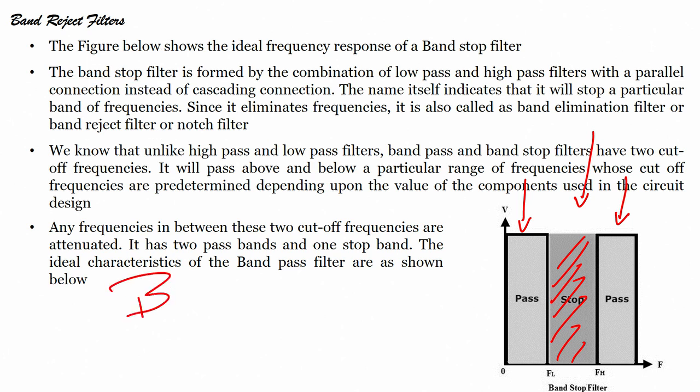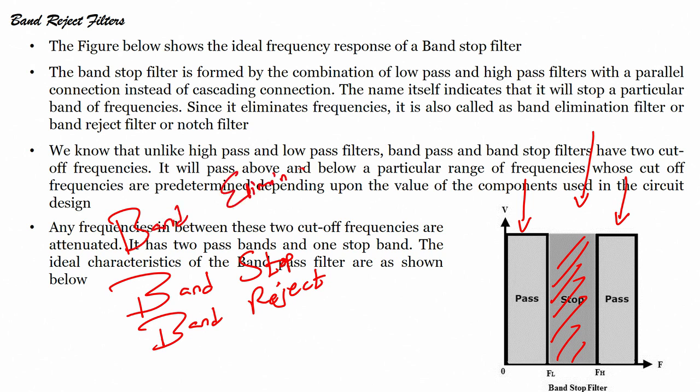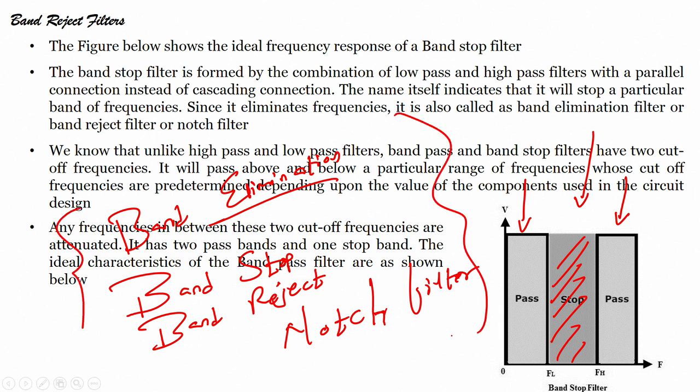Let us write down: band stop filter, band reject filter, band elimination filter, also called notch filter. You see 4 different names for band reject filter: band stop, band reject, band elimination, notch filter, alright.